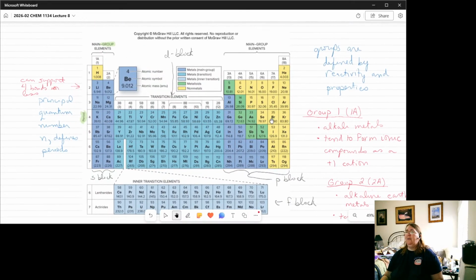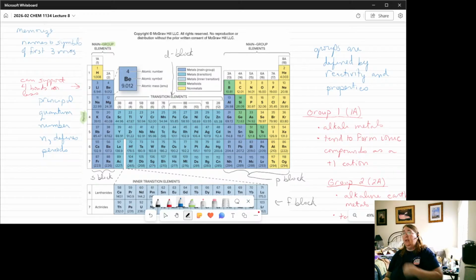You need to know, in essence, the names and symbols of the first 3 rows.